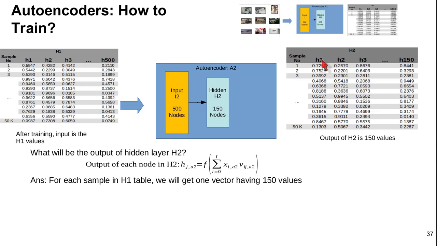We know that these 150 feature values are a compressed representation of these 500 feature values. By the arguments that we made earlier, we know that these 500 feature values are a compressed representation of the input image. By extension, we can say that these 150 feature values that are obtained from hidden layer H2 of autoencoder A2 are therefore a compressed representation of the input image.